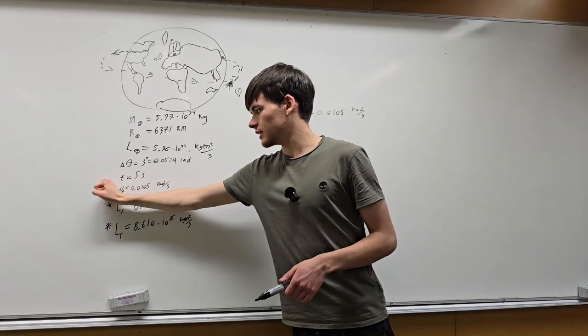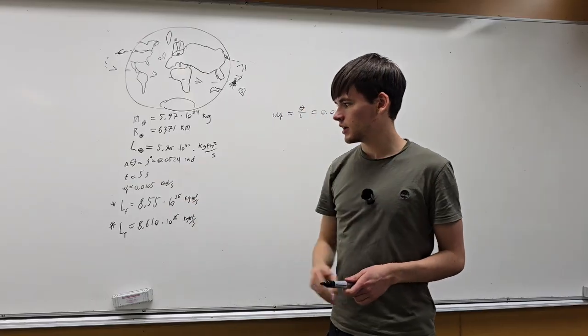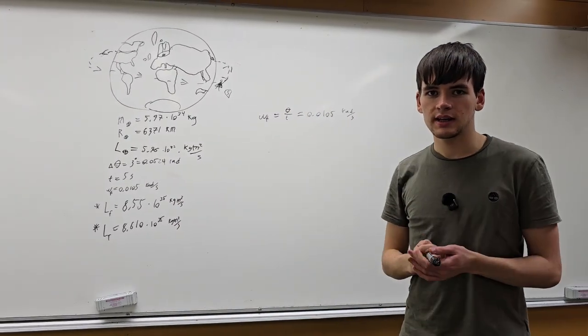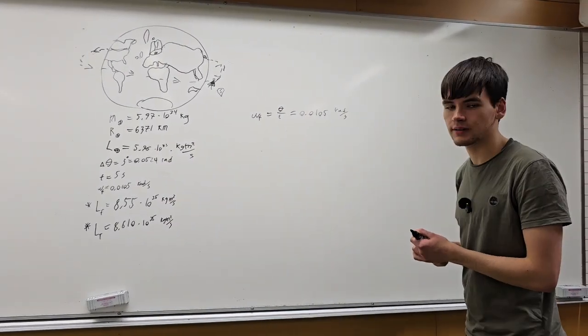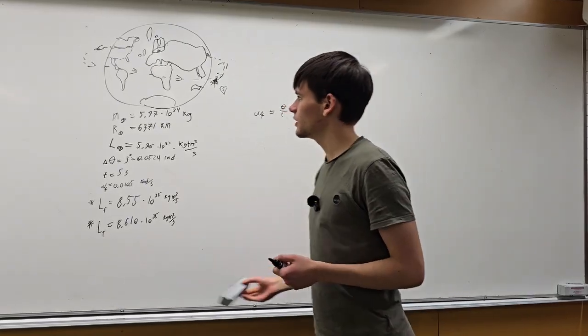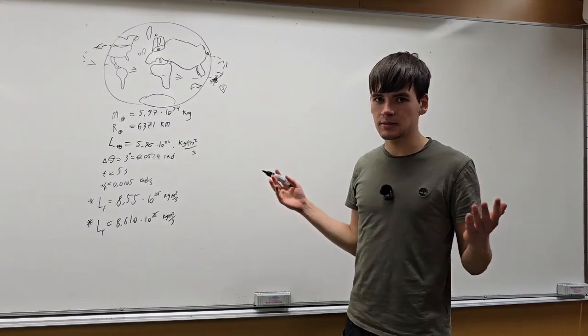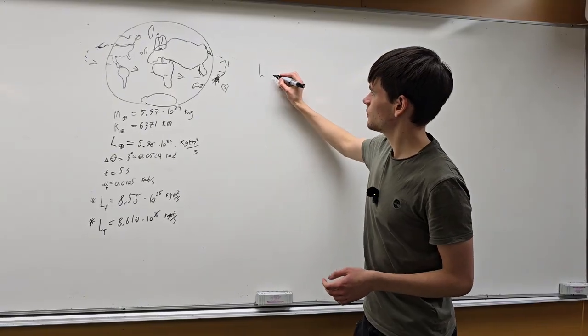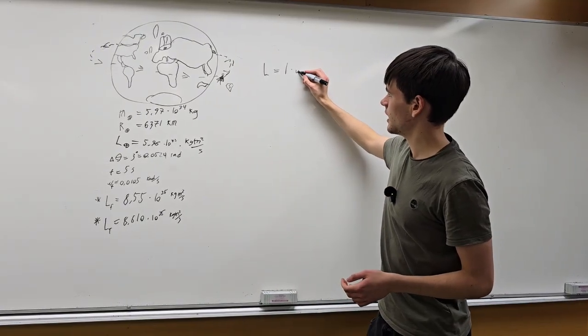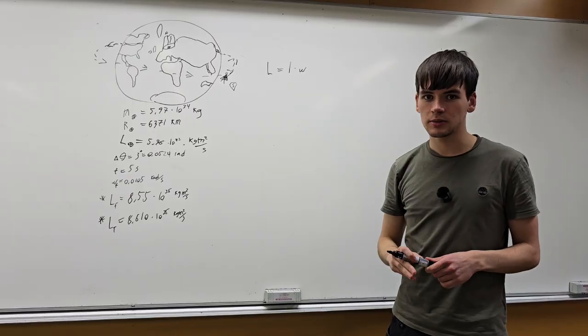And that's where we get this value here from. And now, since we know its final angular velocity, and we know its moment of inertia, it's the same as we started with, we can use this formula again, L is equal to I times omega.